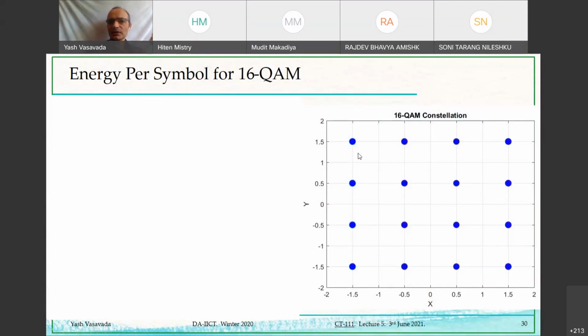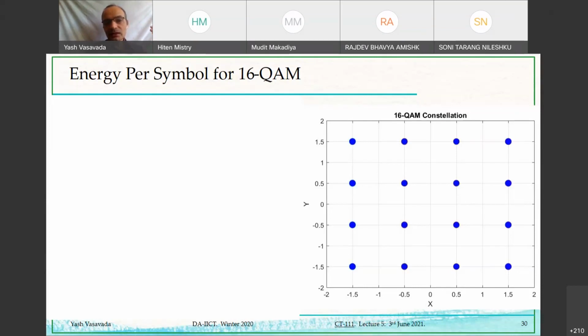Like these 4 corner symbols of the 16 QAM will necessarily have a much higher energy compared to the 4 inner symbols which are shown here. So how much energy I'm putting on each individual symbol is not as important. What is important is what is the average amount of symbol energy that I'm asking.